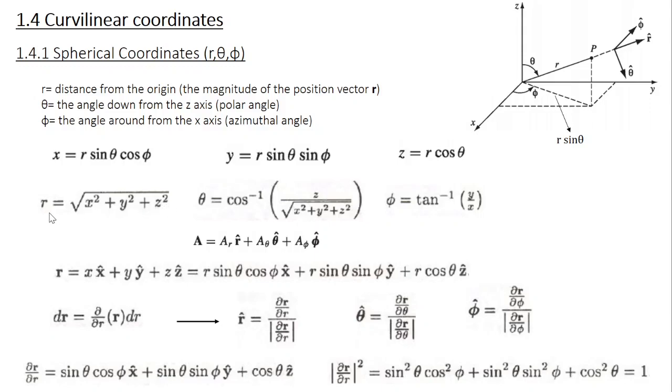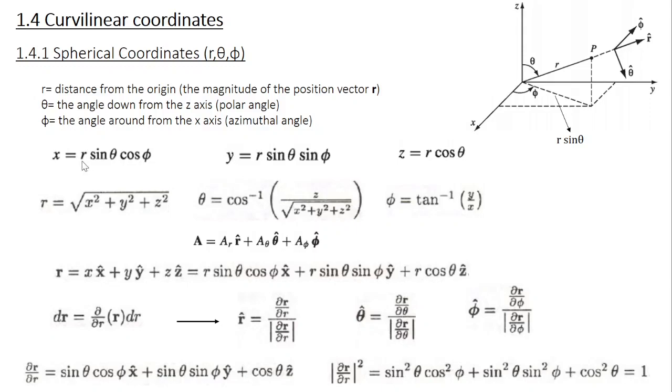Now from the definition of z, z is r cos theta, or you can write cos theta equal to z by r, or theta equal to cos inverse z by r. Now this is the definition for r, so you can write theta equal to cos inverse z by the square root of x square plus y square plus z square.